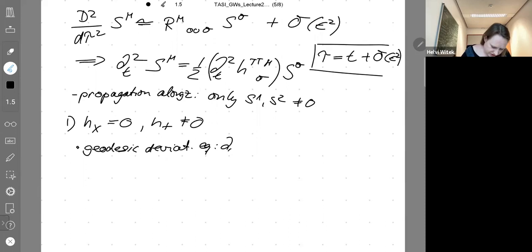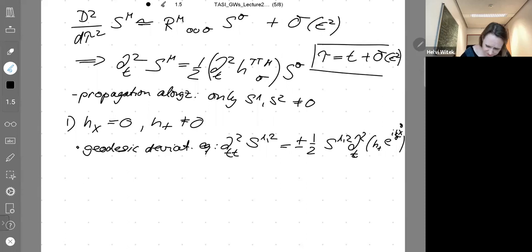Our second time derivative of s1 or s2 is given by plus or minus 1/2 s1, 2 times the second time derivative of h plus times this exponential e to the i k sigma x sigma.